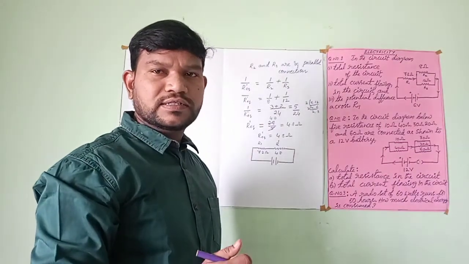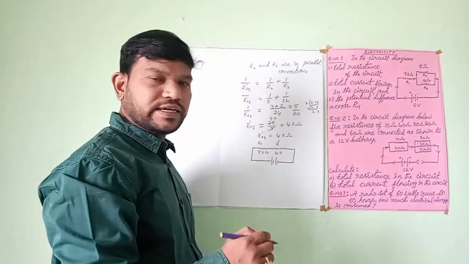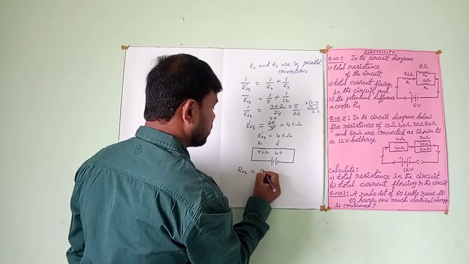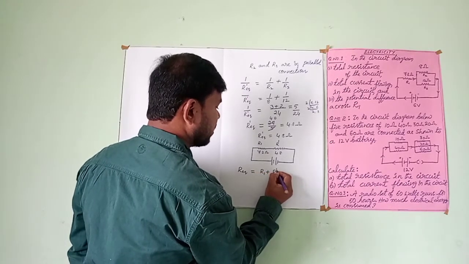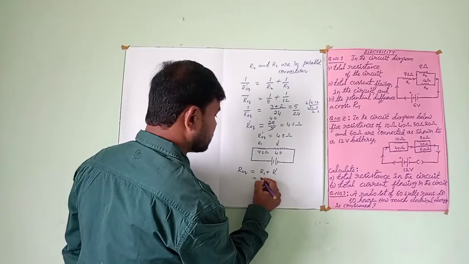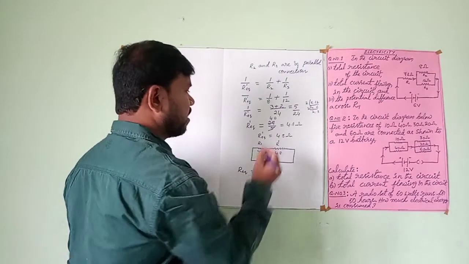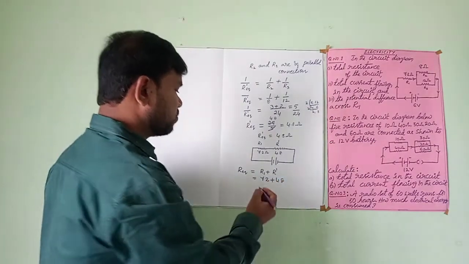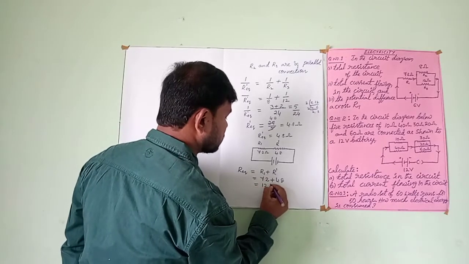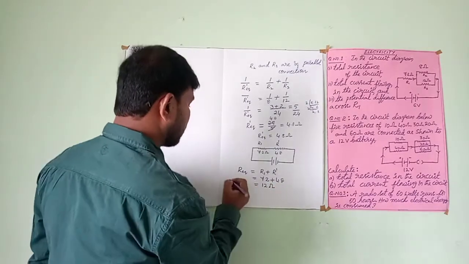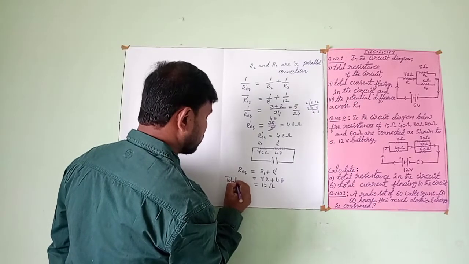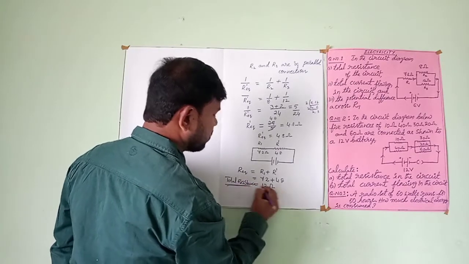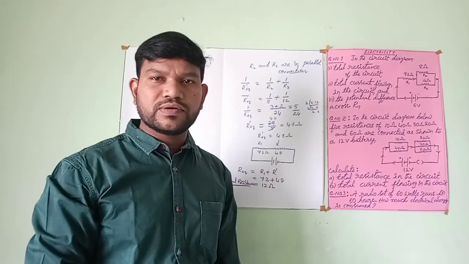So the equivalent resistance in series is R1 plus R dash, which is 7.2 plus 4.8, that is 12 ohms. So the total resistance is 12 ohms.